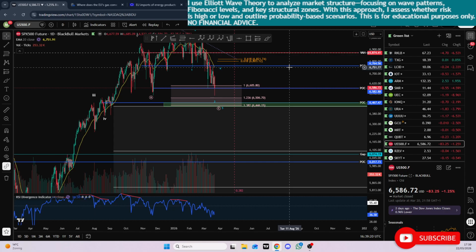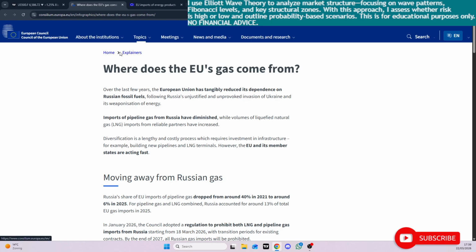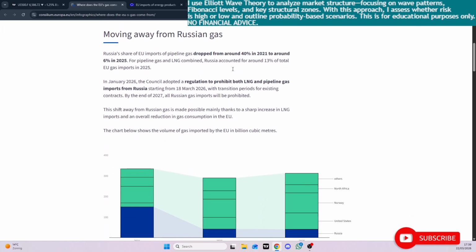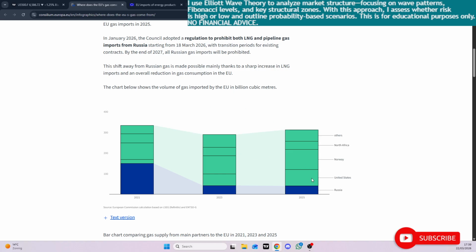And then out of curiosity, I looked into where the European Union buys gas from. In 2025, last year, it was, no wait, this is not in percentages. All of this together is 100, this is in units.